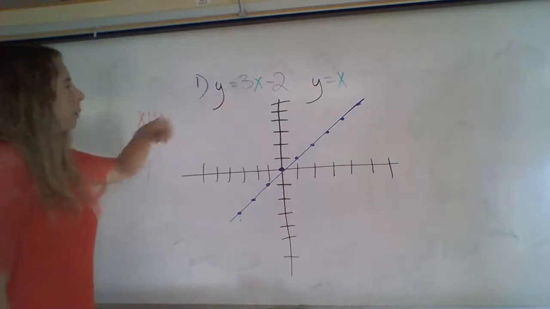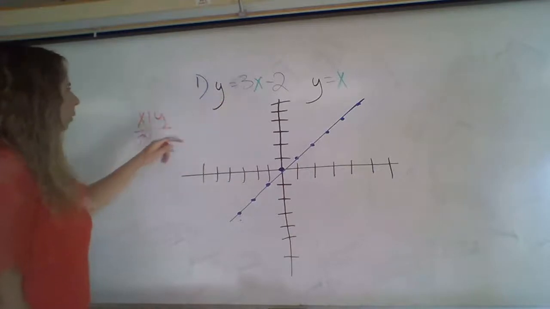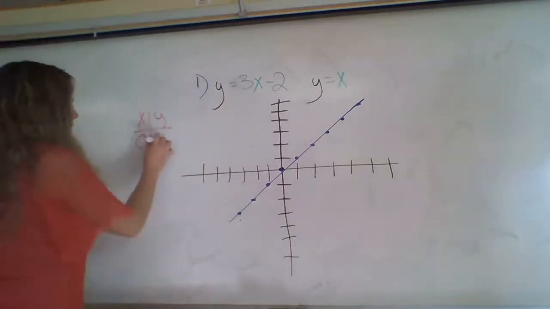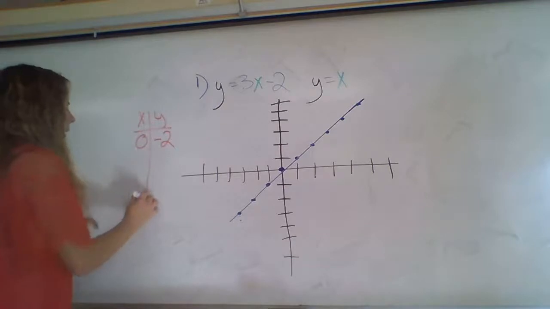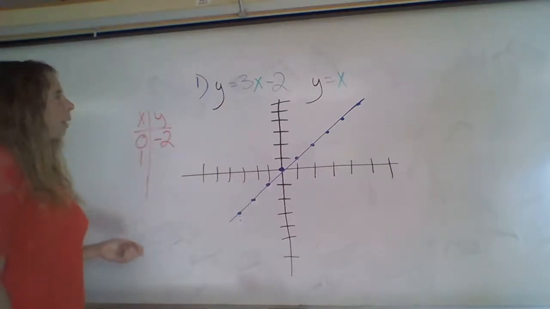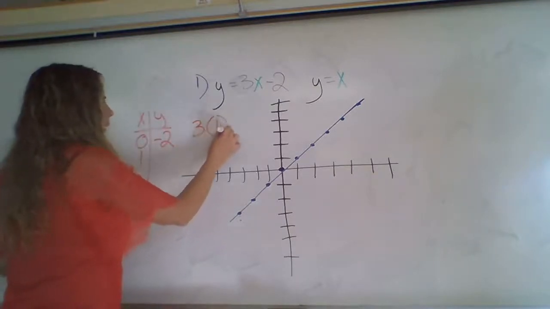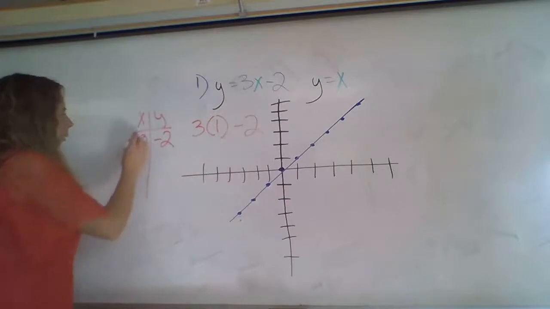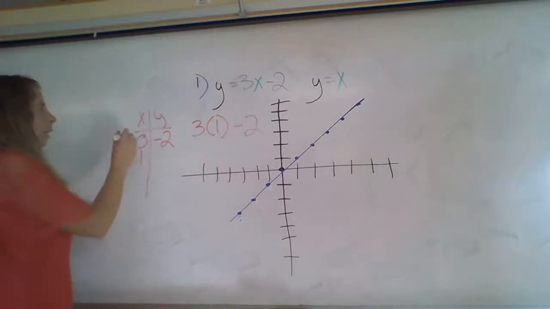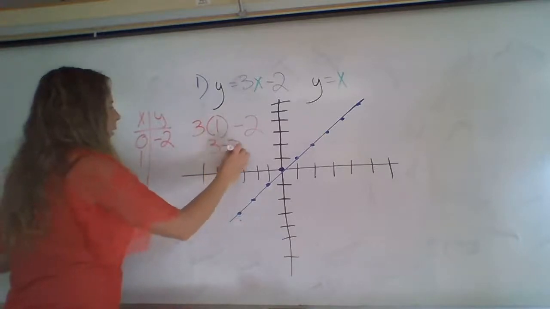What do you get? 3 times 0, so you get 0 minus 2, negative 2. Substitute 1 in for x. If x is 1, what is y? That would be 3 times 1 minus 2. You substitute whatever you're putting in for x. So that would be 3 minus 2, which equals 1.